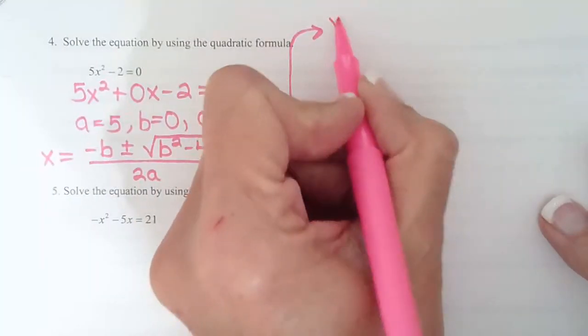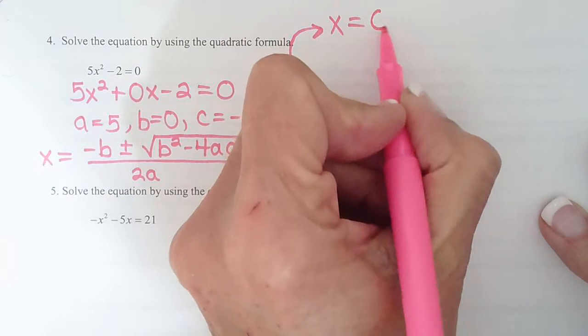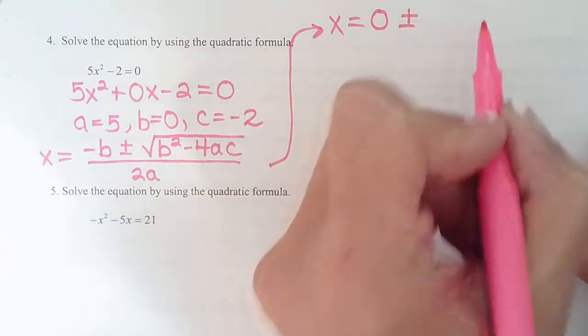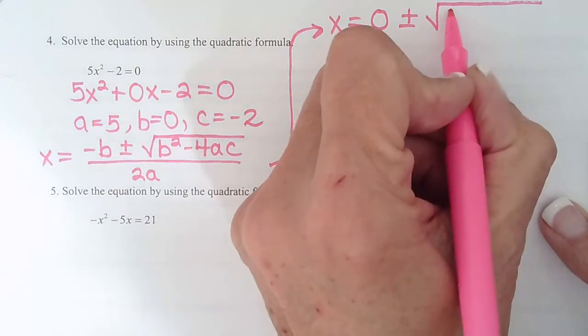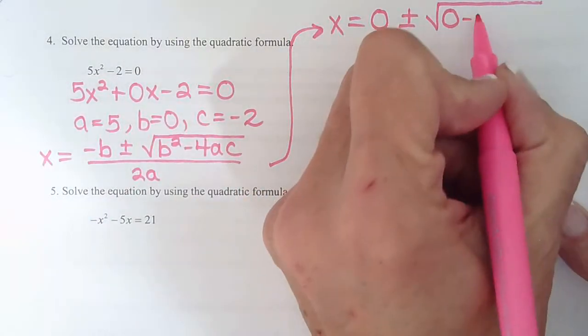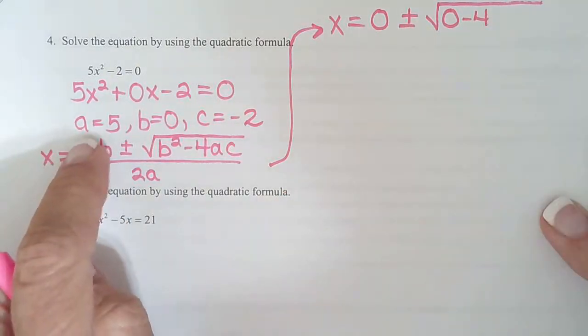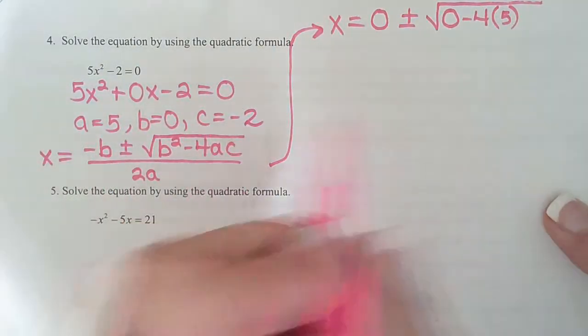We get x equals opposite of b. Well, opposite of b is 0 because 0 doesn't have an opposite. Plus or minus b squared, that's going to be 0 again, minus 4 times a, which is 5, times c, which is negative 2.